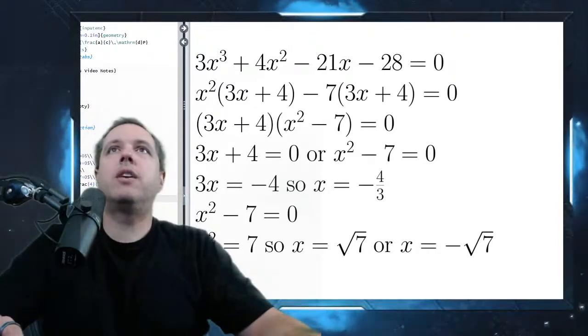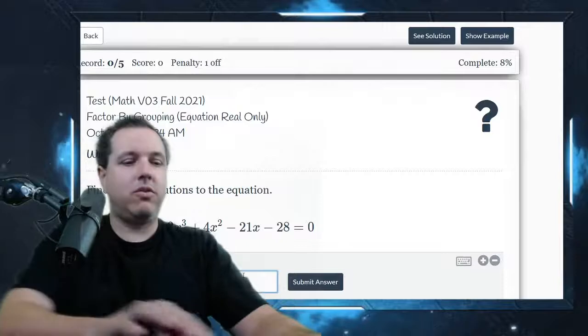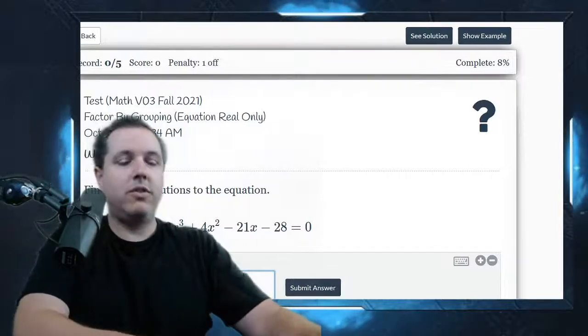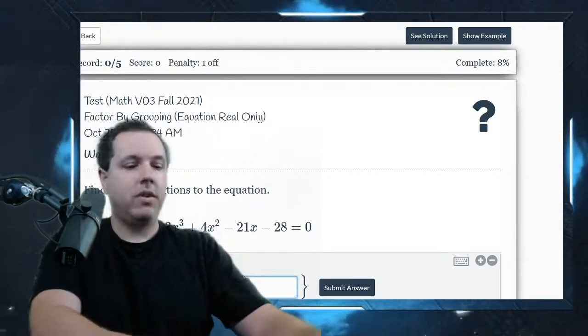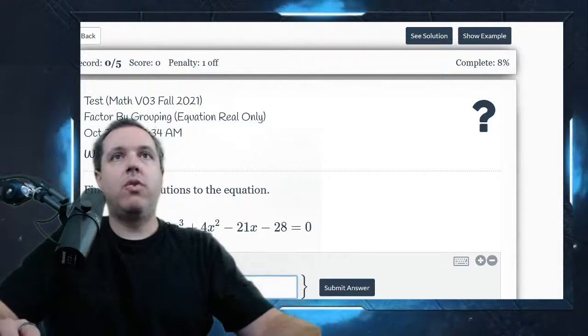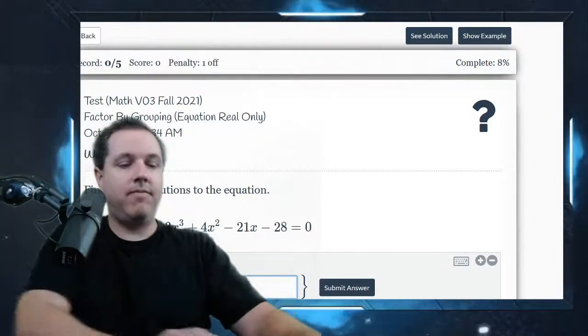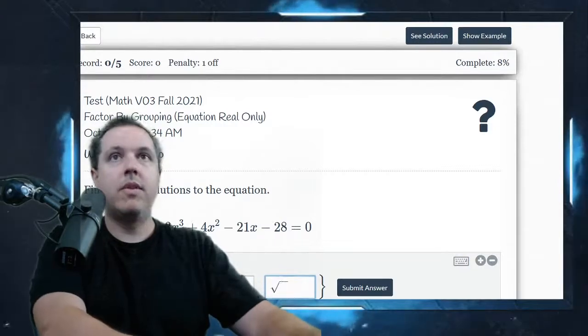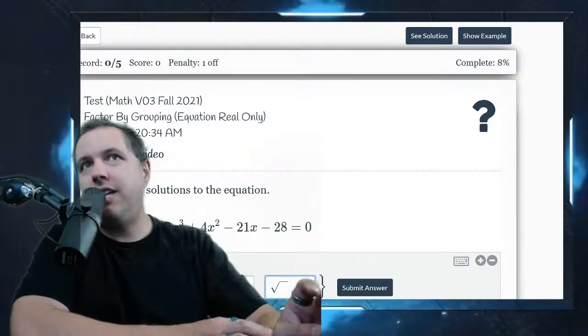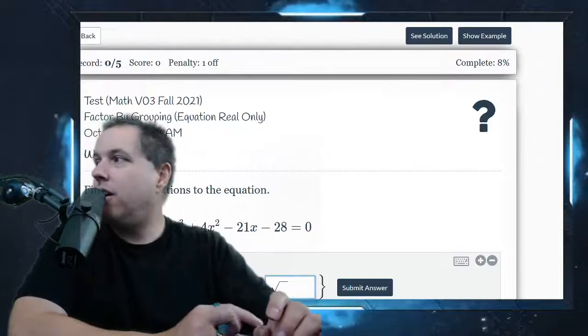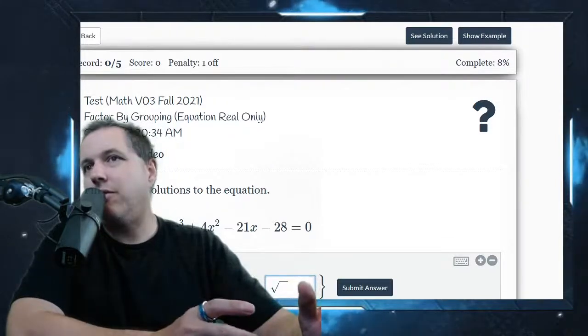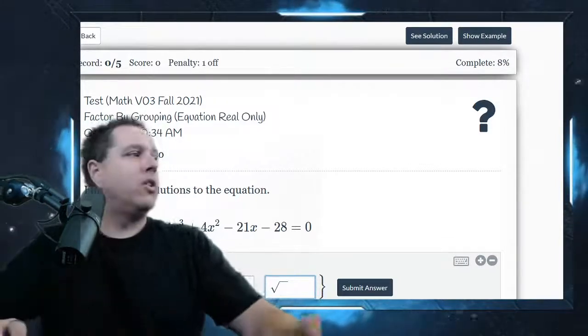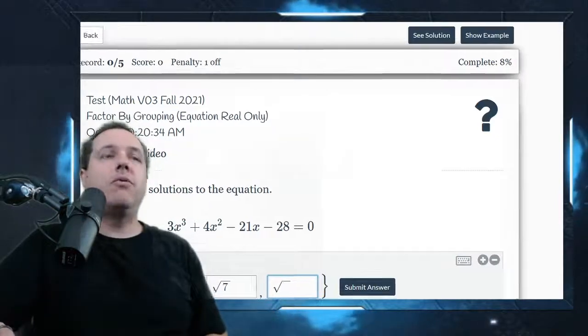So let's just double check that I got this right. There's a lot going on. So negative 4/3, comma, square root of 7, comma. Also, if you type SQRT, it makes the square root sign too. That's fairly standard in math software.